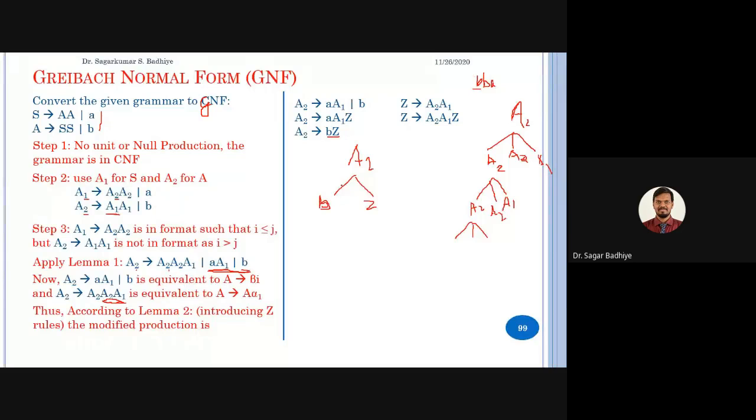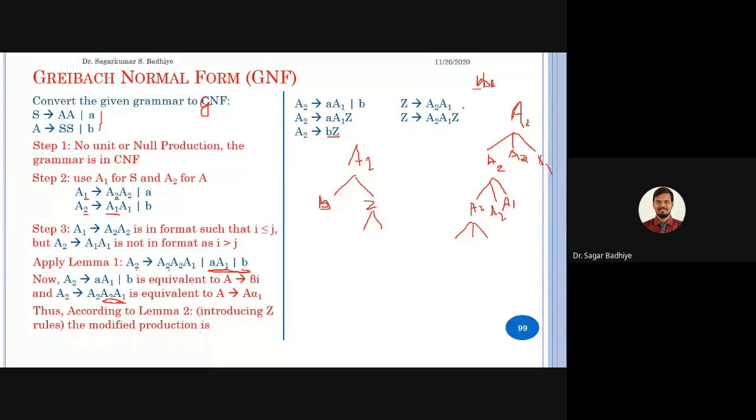So at this point, I am correct. Up to this point, I am correct because the first symbol of the input is matching with the required given data, right? In this derivation. So I'll move to this new non-terminal. Now this new non-terminal should be able to produce again BA, right? So I would be using the rule of Z. Now the work of A2 is done, so I would be using the rule of Z.